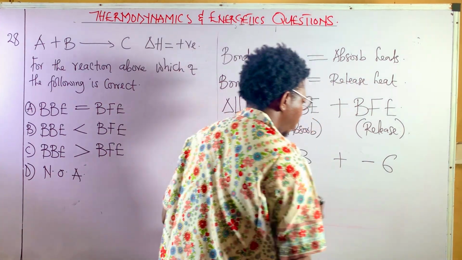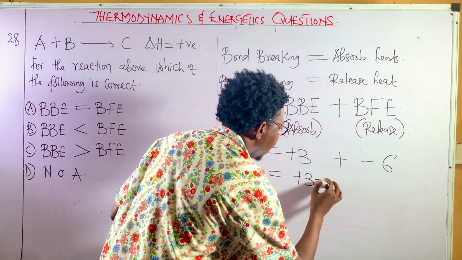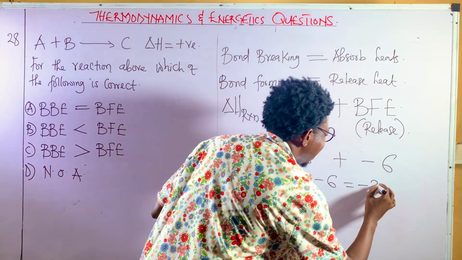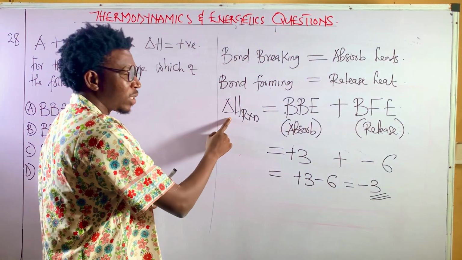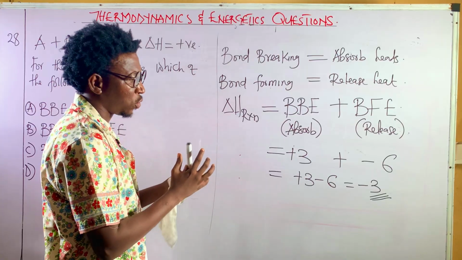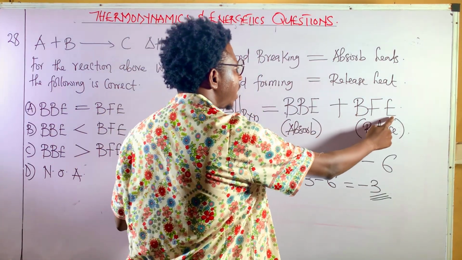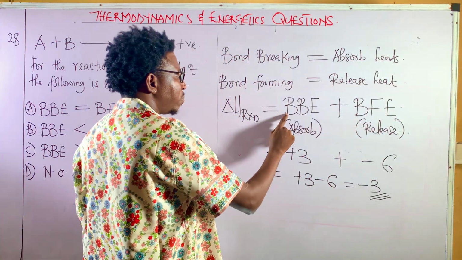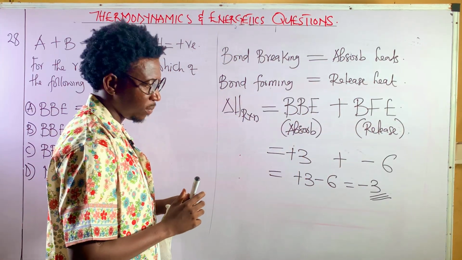This is minus because heat is released. I'm going to have plus 3 minus 6. This will give us minus 3. So the delta H of the overall process of the reaction will be negative if bond formation energy is greater than bond breaking energy. Are you seeing it now?